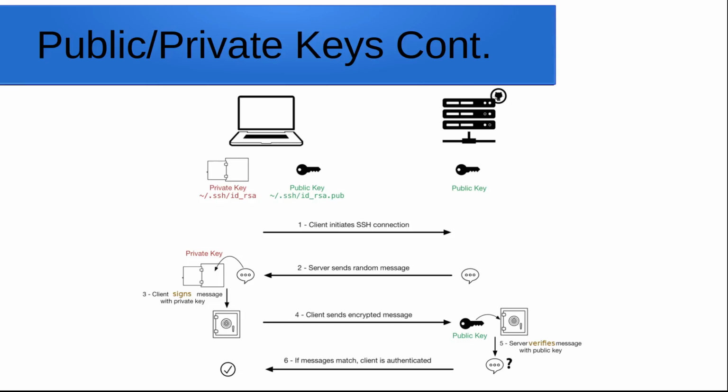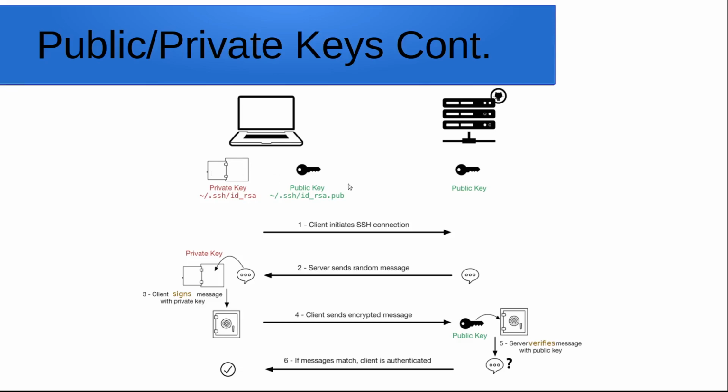So public and private keys, you've got your server that's got the public key on it. Something's not quite right here. You generate them on your client usually. You initiate the session. The server will send a random message that can only be decrypted with the corresponding private key.